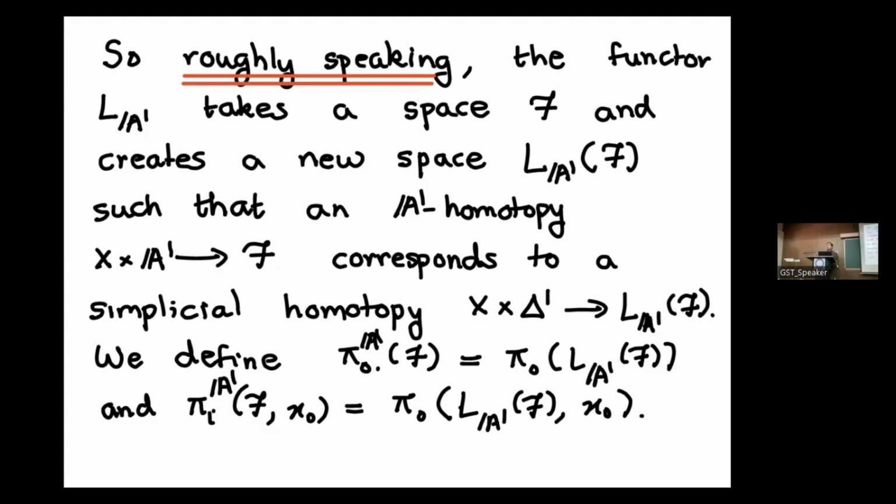So if I try to replicate that in the category of simplicial sets, what will I do? Instead of the topological space S1, I will have some simplicial set whose geometric realization is S1.